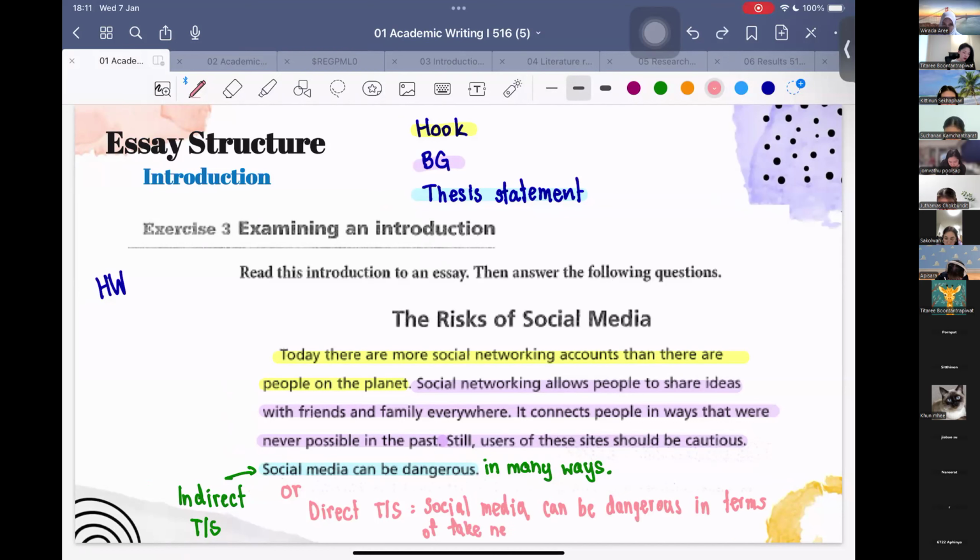No, I'm sorry, in what ways can social media be dangerous?